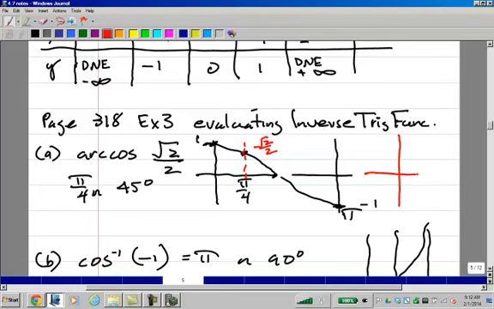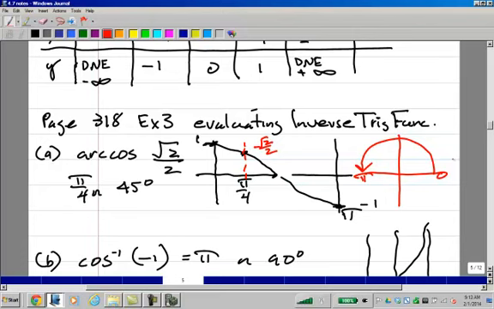Now, let's look at the unit circle. Now we're looking at from 0 to pi. The cosine is positive in quadrant 1 and negative in quadrant 2.